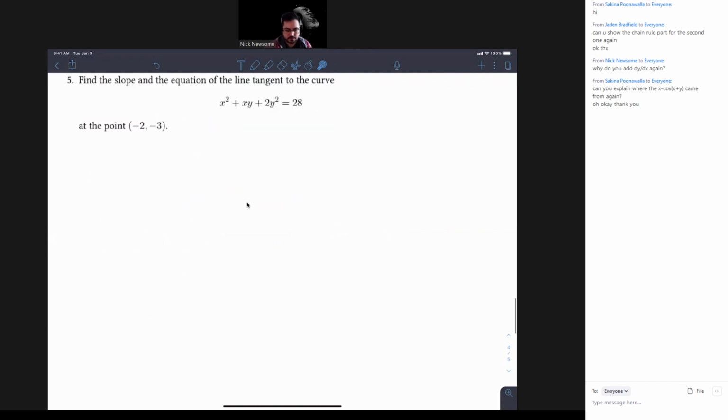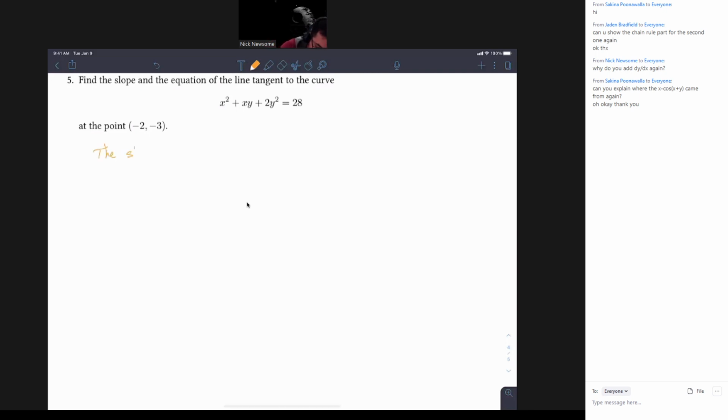All right, number 5. We want to find the slope and the equation for the line tangent to this curve. And this curve is written in a bizarre way. The first thing is, what is the slope? How do we use calculus to do this stuff?